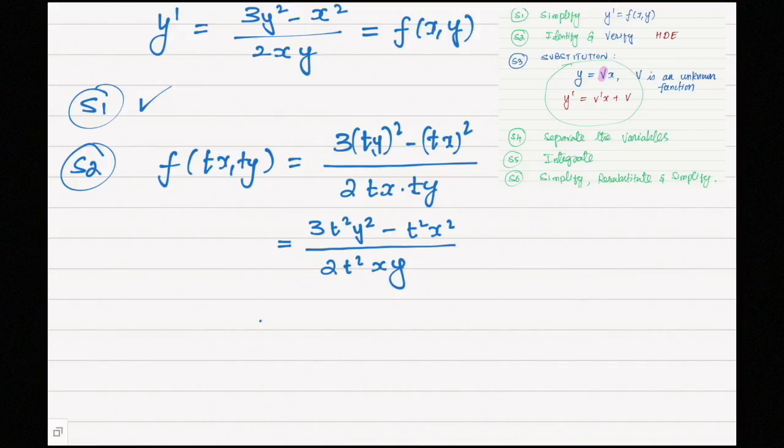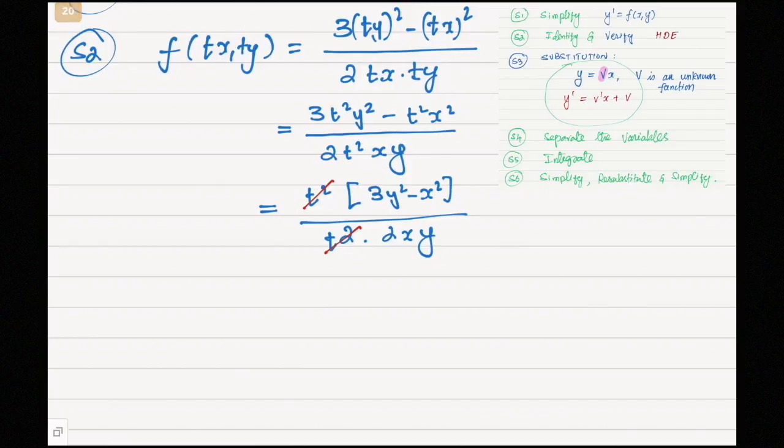If I further simplify, I have t squared times 3y squared minus x squared divided by t squared times 2xy. And as you see here, this t squared and t squared get cancelled.